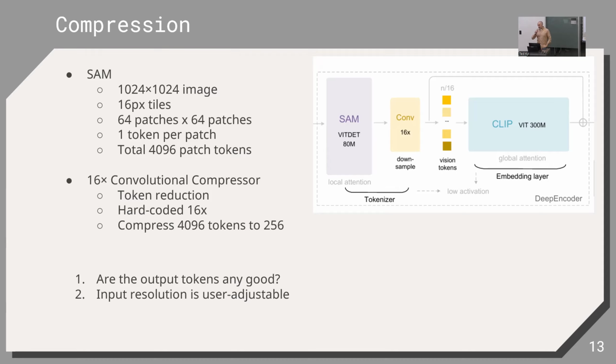One last piece. From the slides, you start with a 1024 image, and then it gets split into little tiles. When you split into 16 pixel by 16 pixel tiles, it becomes 64 by 64, so 64 tiles high and 64 tiles long.